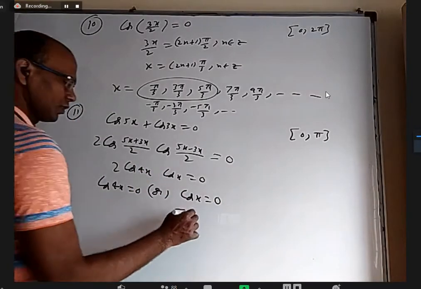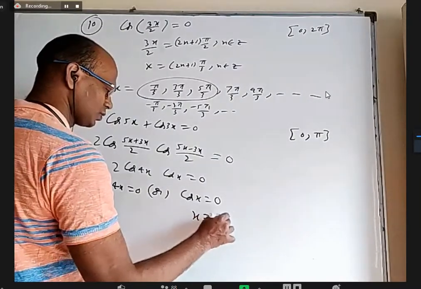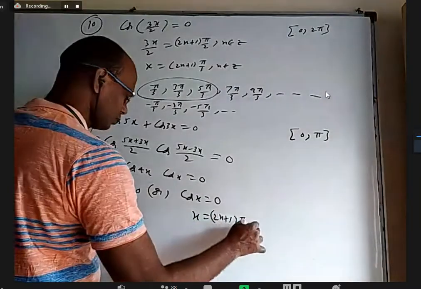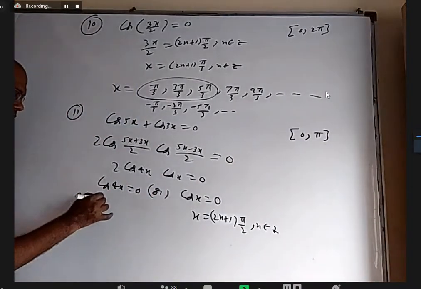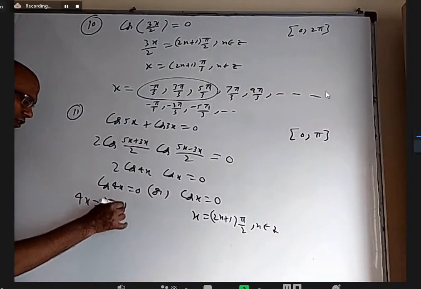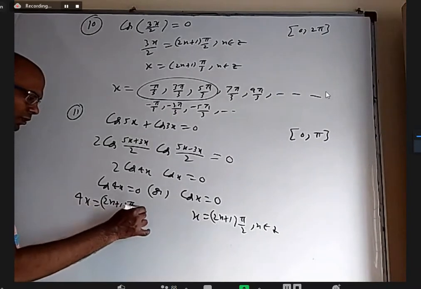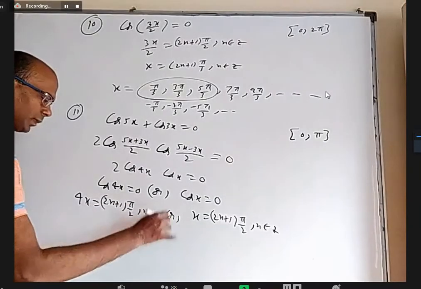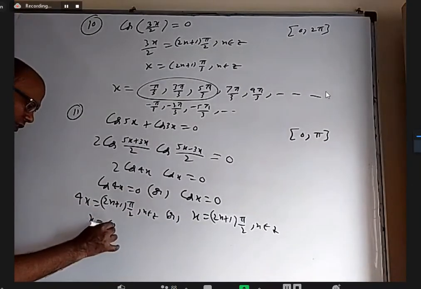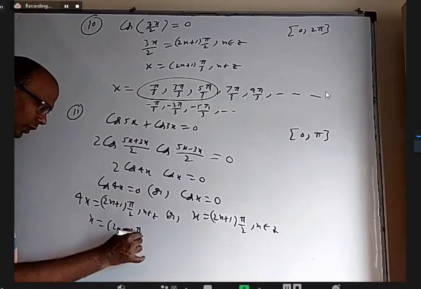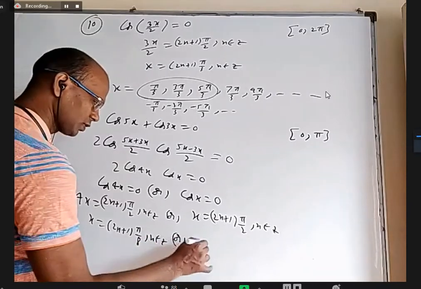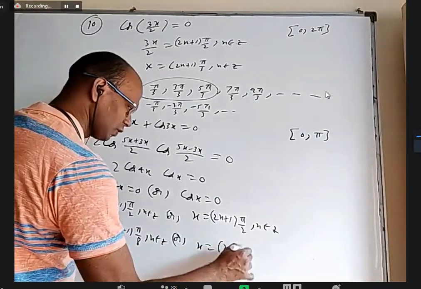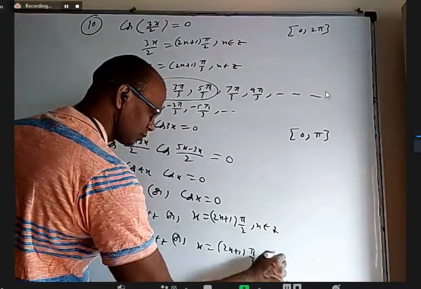Cos x equal to 0, we already know the general solution, which is (2n plus 1) pi by 2, n belongs to z. For cos 4x, the solution is 4x equal to the same (2n plus 1) pi by 2, where n belongs to z. Now dividing by 4, I'll get (2n plus 1) pi by 8 where n belongs to z, or x is equal to (2n plus 1) pi by 2 where n belongs to z.